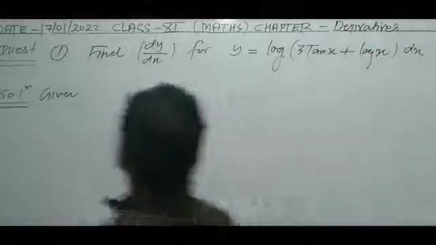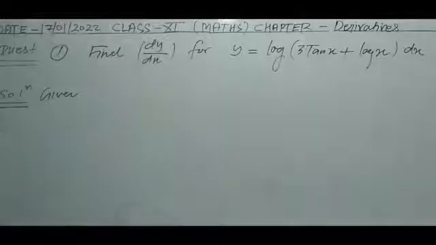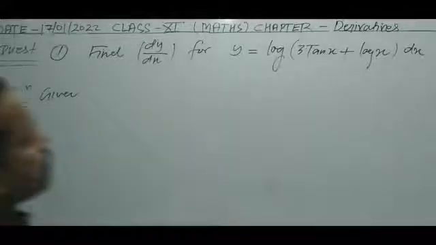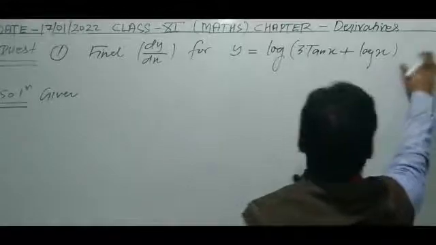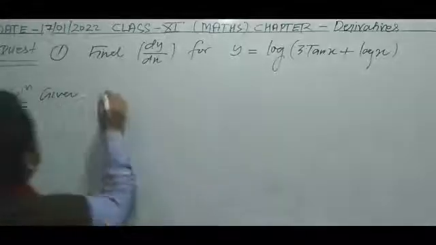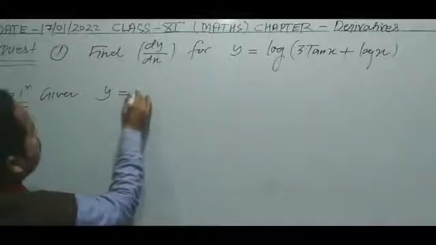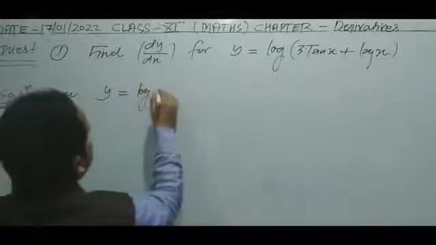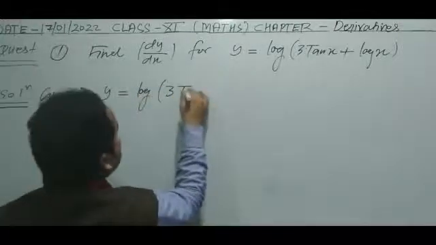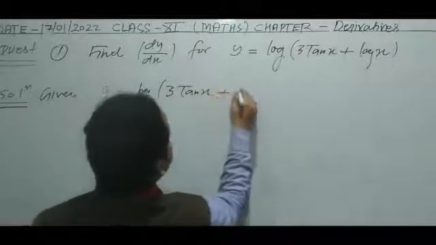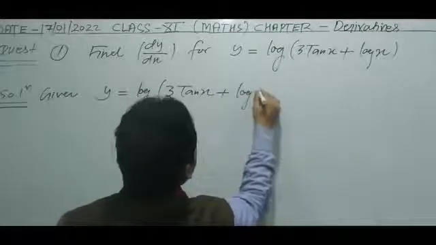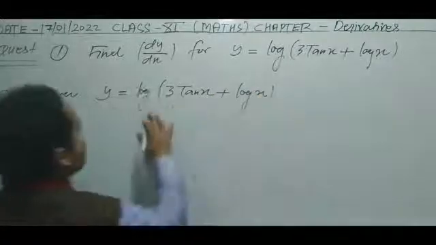This is the question. So given y is equal to log of 3 times tan x plus log of x.